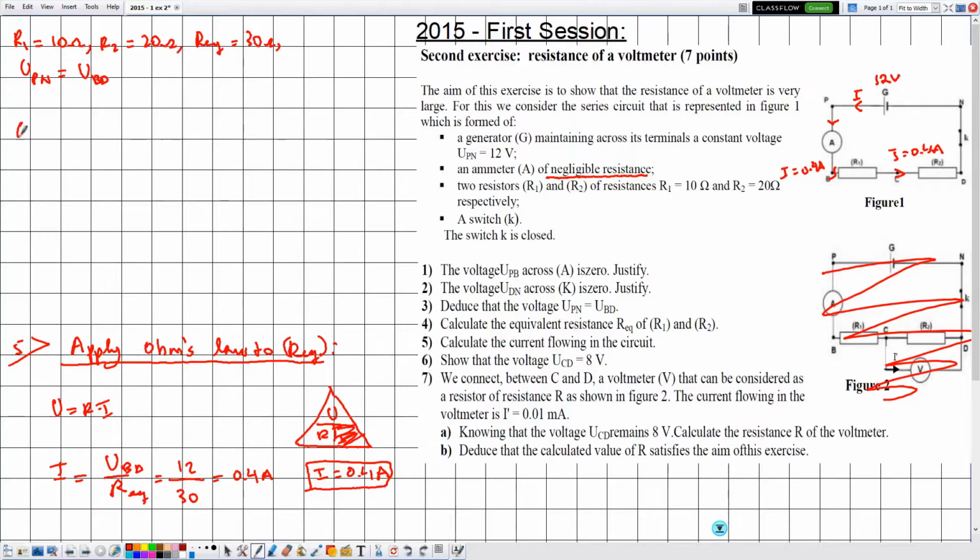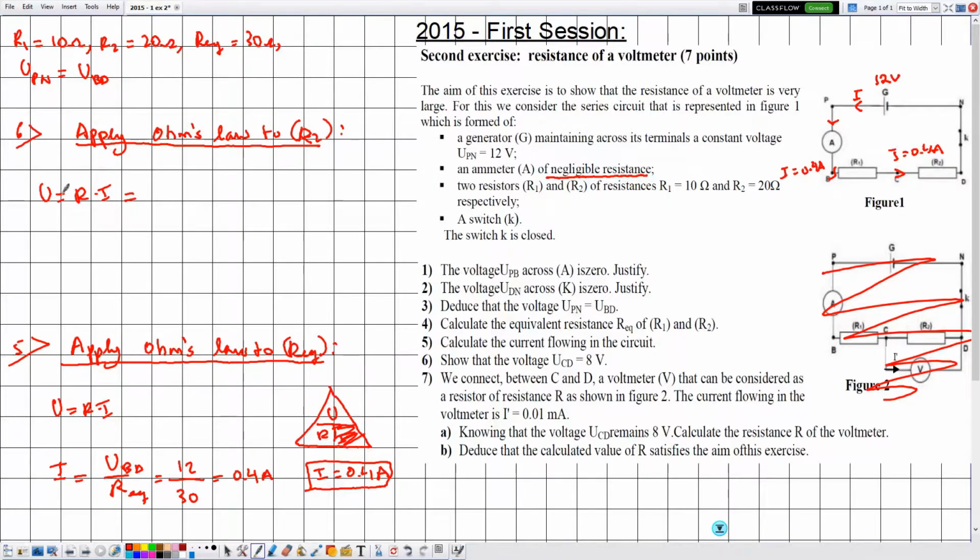Then number 6, apply Ohm's law to R2. Now U is equal to R multiplied by I. No need to construct the triangle of this formula because already it is in the form that we want.